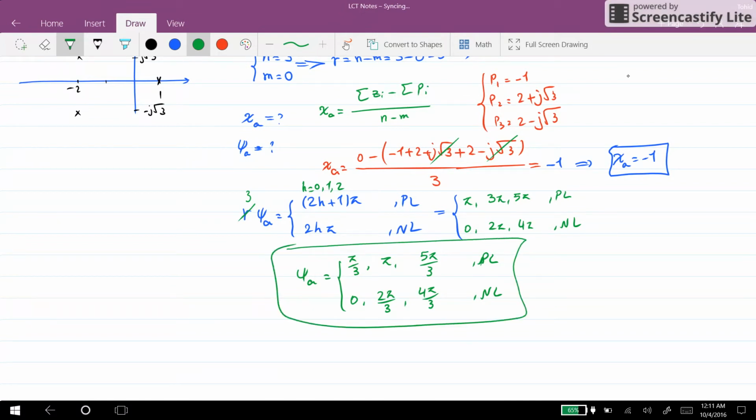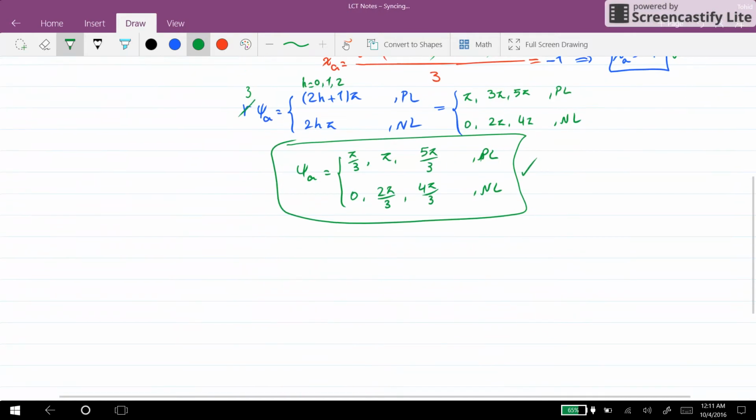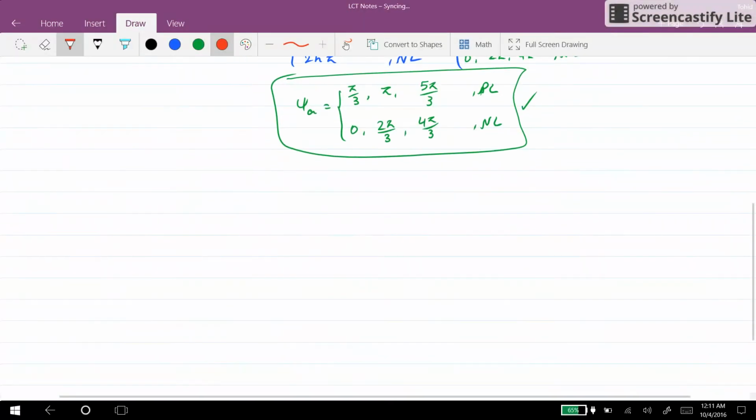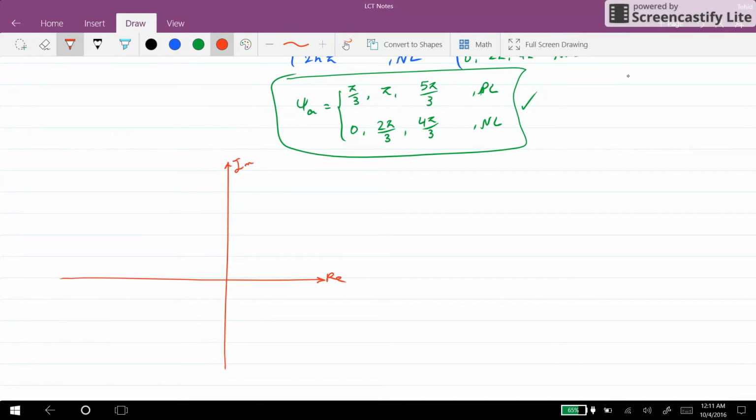So we know the abscissa point, we know the angles of the asymptotes, therefore we can start to draw the asymptotes. Let's prepare a graph for the positive locus, and another graph for the negative locus.